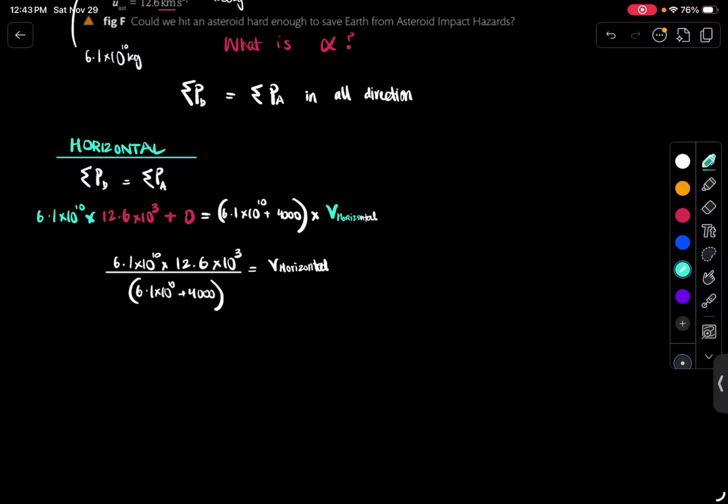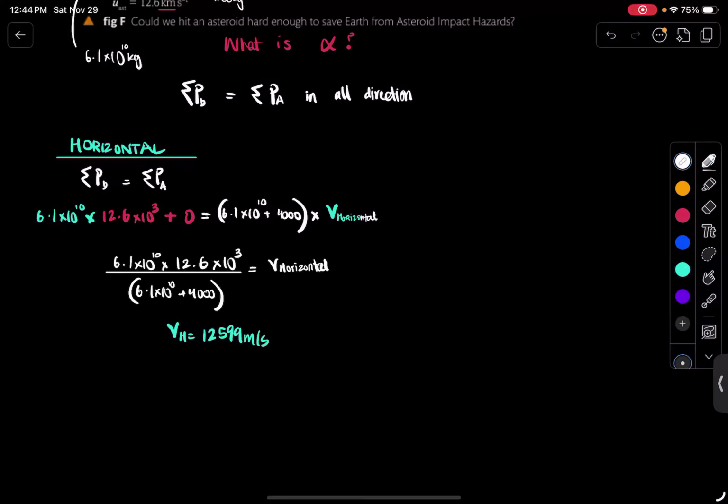So 6.1 times 10 to the power 10 multiplied by 12.6 times 10 to the power 3, then divided by 1 times 10 to the power 10 plus 4,000. So V horizontal is going to be 12,599 meters per second.